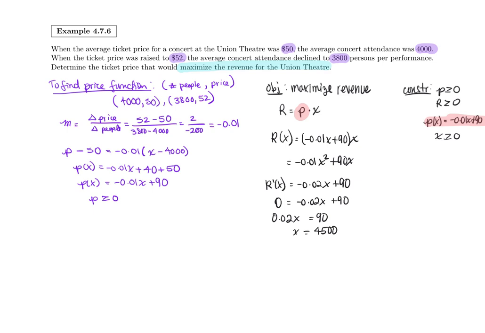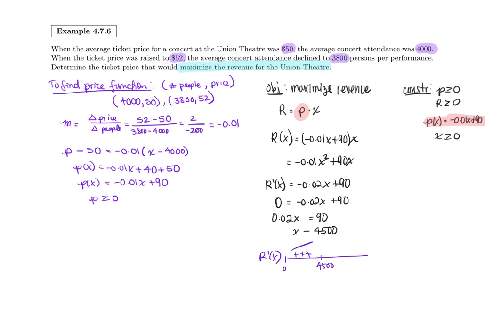So let's look at our number line. And here is our R prime of X. Let's drop in there 4,500. We know that it has to start no lower than 0. So pick a number less than 4,500, maybe 3,000. Well, that would be negative 0.02 times 3,000 plus 90, which gives us negative 60 plus 90, which is positive.